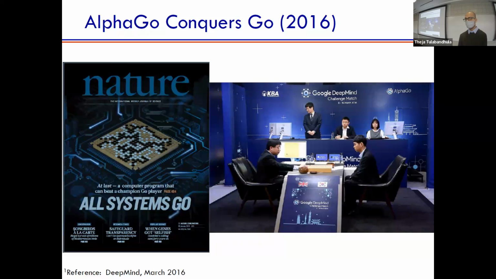Since then, there are many variations of AlphaGo now, AlphaZero and so on, which are much better than human players, very similar to how computer-based chess engines are way better than humans. We can't compete with them, but at that time, it was a breakthrough.